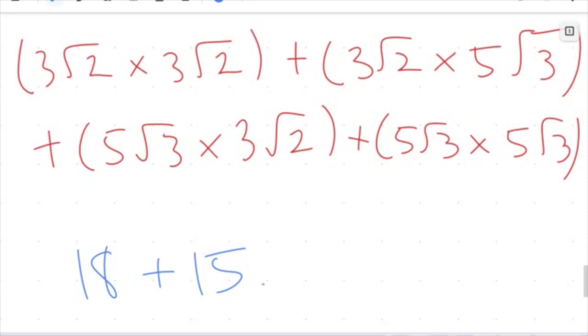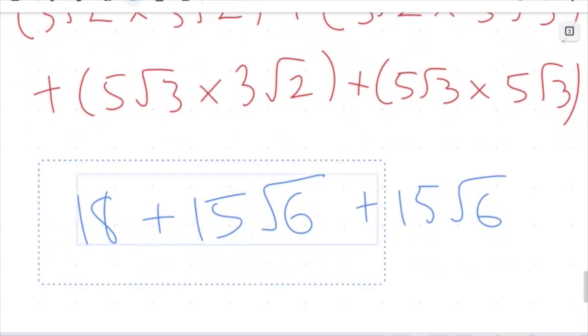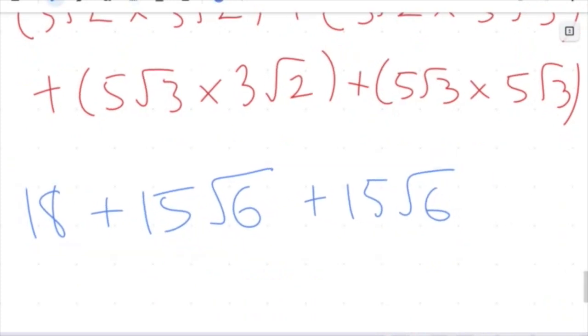And root 2 times root 3 is going to give me root 6. And on the next one, I get 15 root 6 again. And to that, I'm adding 5 root 3 times 5 root 3. So 5 times 5 gives me 25. 25 times root 3 times root 3 gives me 3. So 25 times 3 gives me 75.